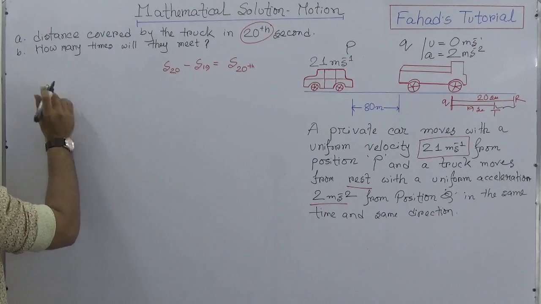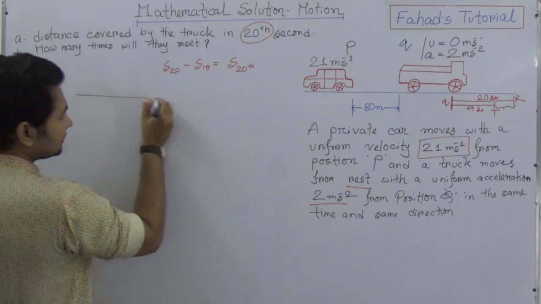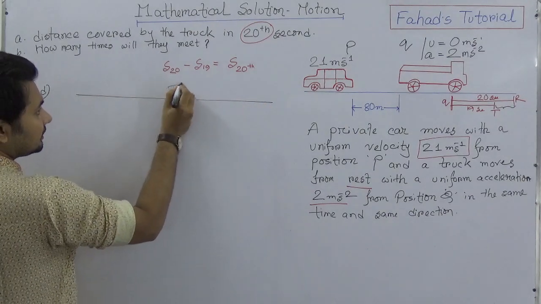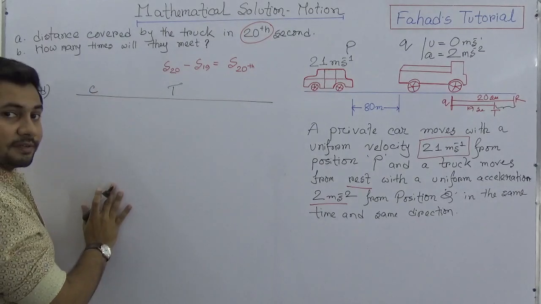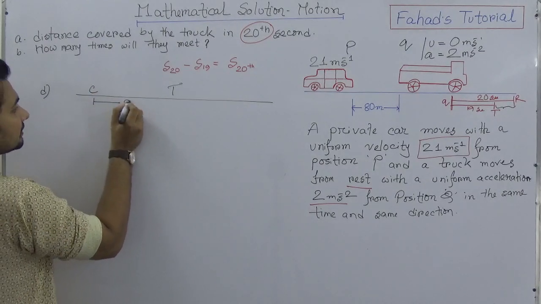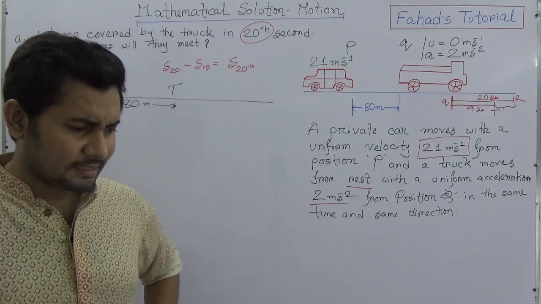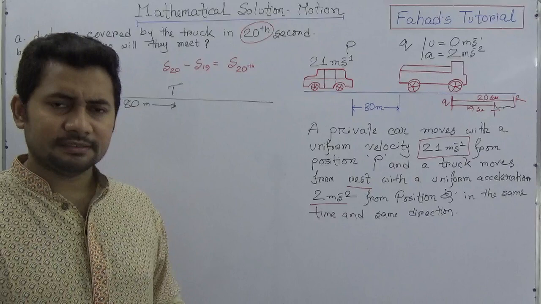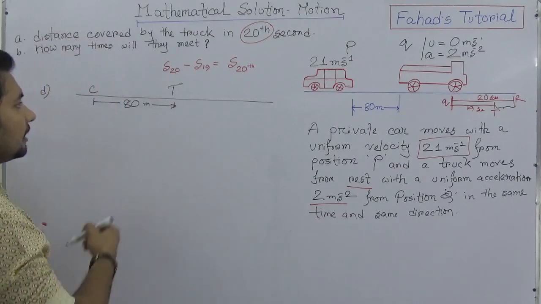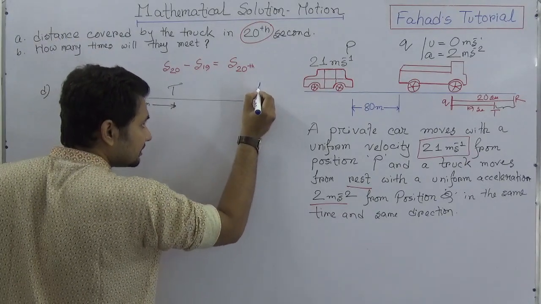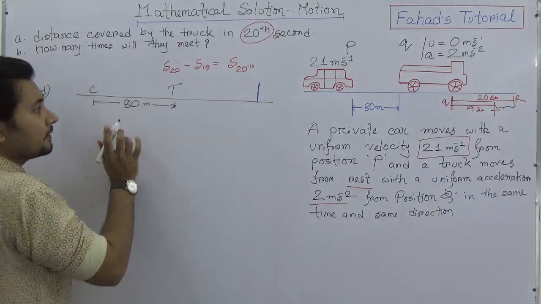So think about it. Suppose this is the truck and this is the car. The distance between them is 80 meters. Think about after t seconds, when they meet here for the first time.